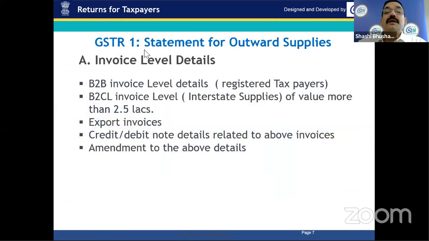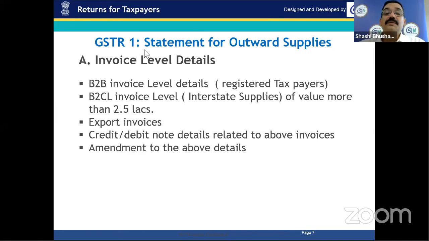Now, the data that has to be furnished in GSTR-1 is grouped into 2 broad categories. In one category, you have invoice level data, and you will have 5 tiles if you visit the GSTR-1 dashboard. In one tile, you have to give invoice level details for supplies to registered taxpayers. In the other tile, invoice level details for interstate supplies greater than 2.5 lakhs.